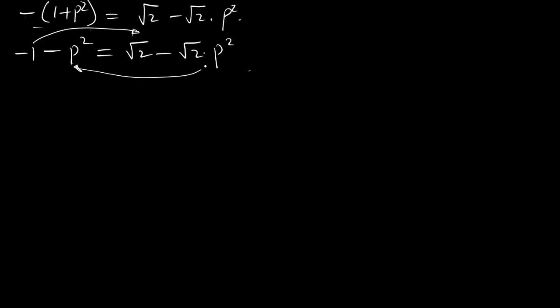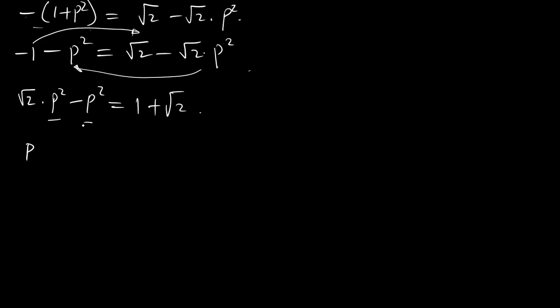Now this one moves to this side, this minus changes to plus. So we have the square root of 2 times p square minus p square is equal to, when this one comes to this side, 1 plus the square root of 2. So this one is the same thing as saying 1.